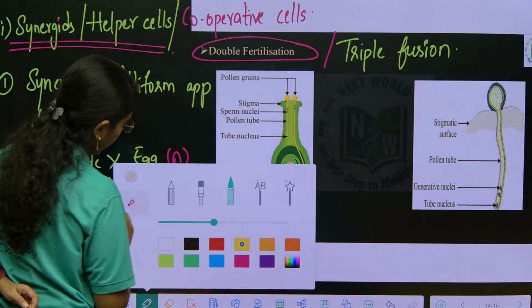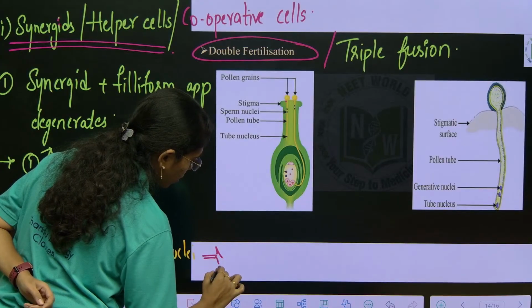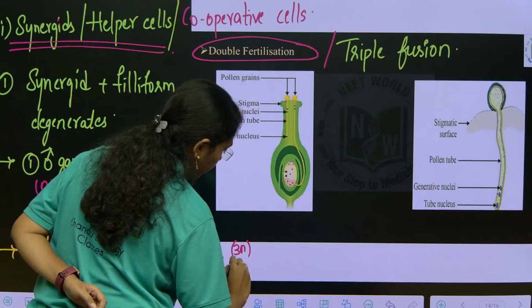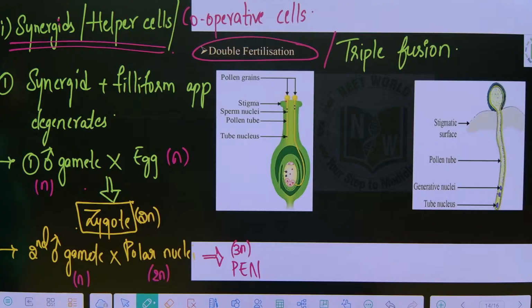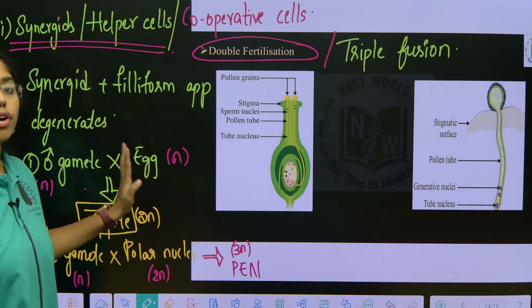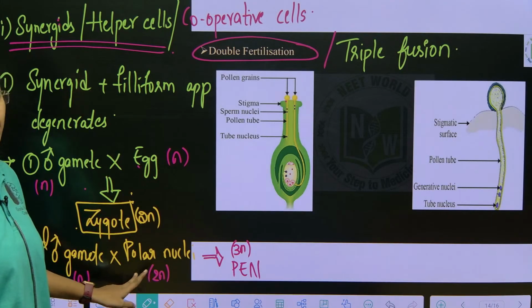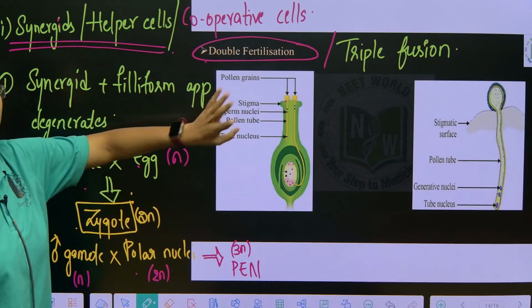This will provide a triploid primary endospermic nucleus. As two male gametes are fusing here, one with the egg cell and one with the polar nuclei, this is called double fertilization, and this is also known as what?